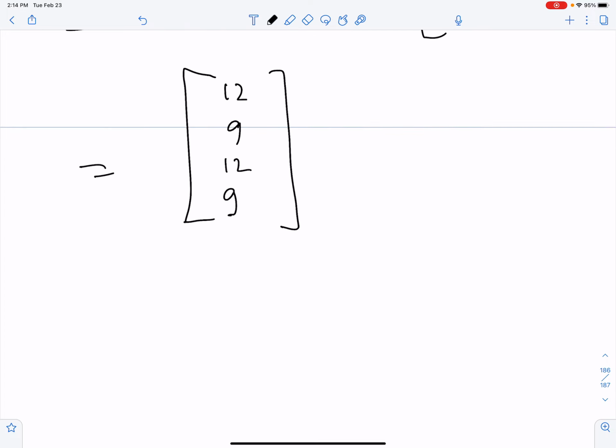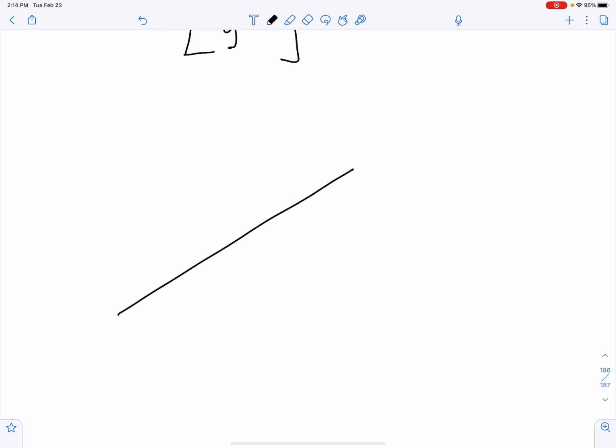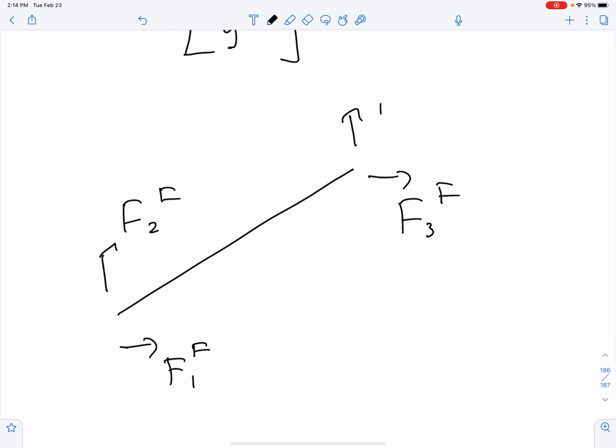Remember, in our element, this was F1 F, this was F2 F, this was F3 F, and this was F4 F. These corresponded exactly to U1, P1, and U2, P2.